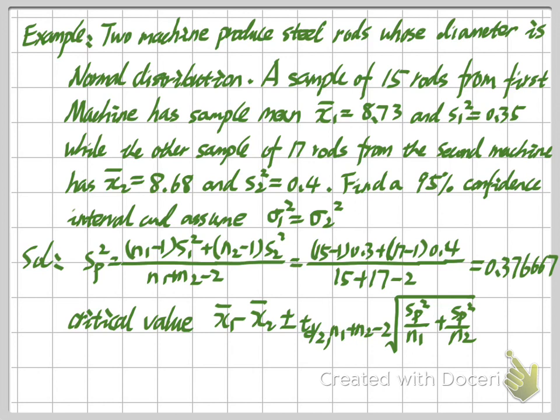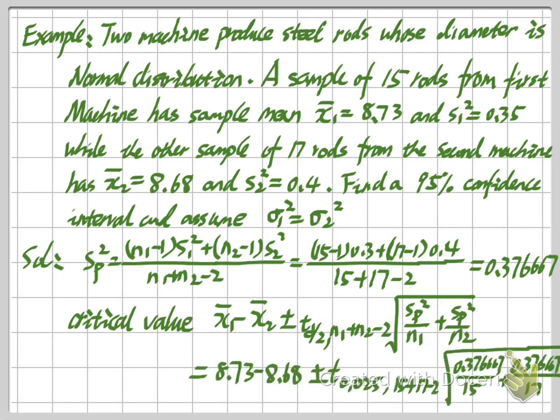Because we have a confidence of 95%, our alpha is equal to 1 minus 95%, so our alpha will equal 0.05. And so our alpha over 2 will become 0.025.